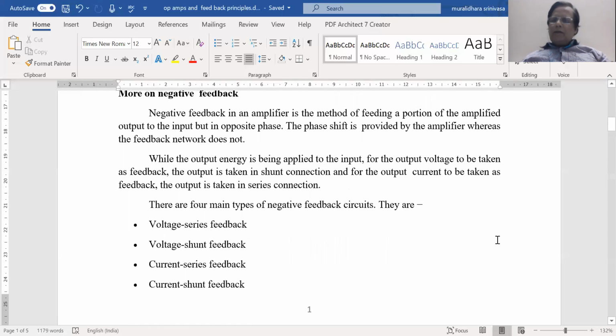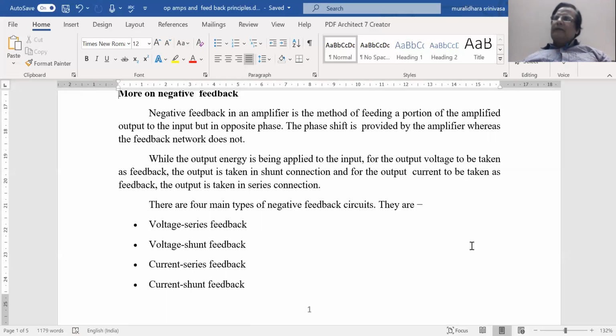When you want to return a part of the output voltage back into the input, then usually you pick up the output in what is known as the shunt connection. In other words, you put two wires, one to the plus and one to the minus of the output of the amplifier, and return it to the input in various ways, because you are taking the output in parallel.